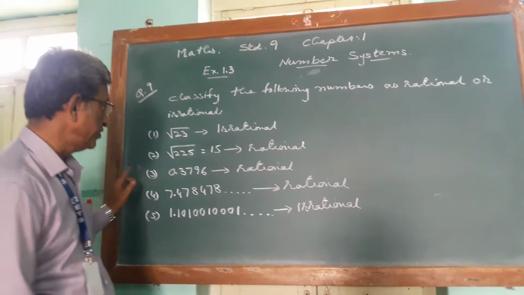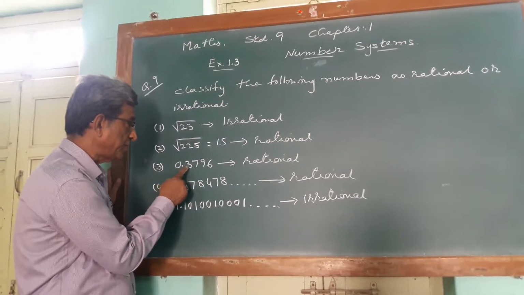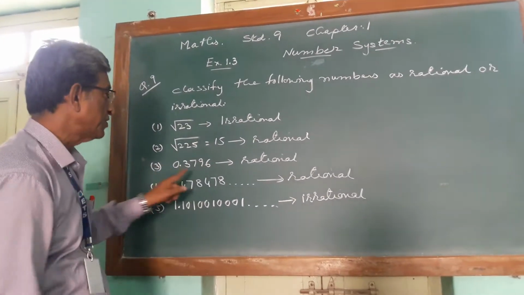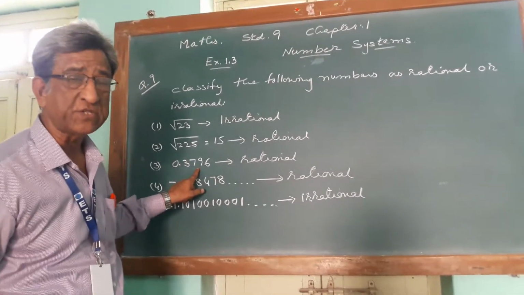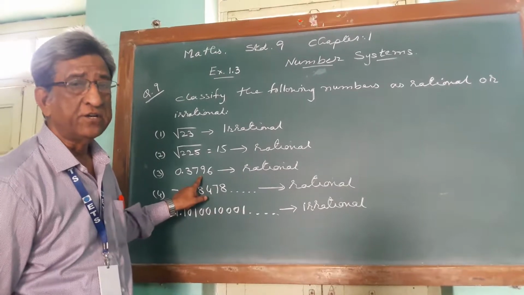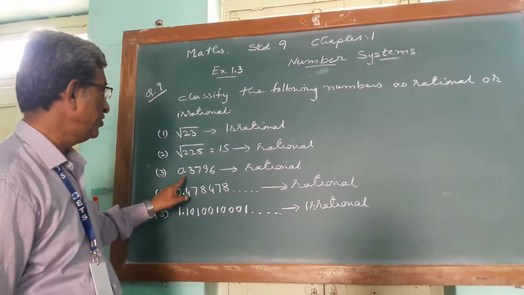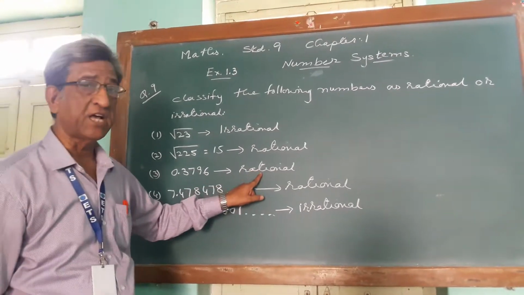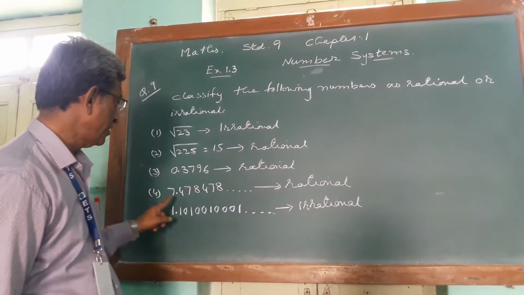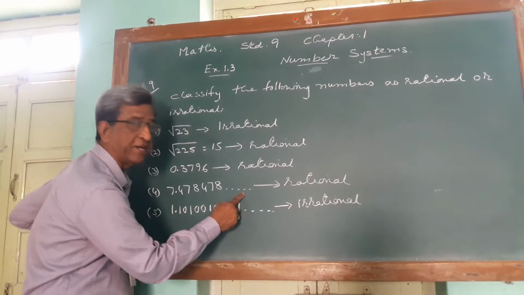Third one is 0.3796. Which type of decimal form is this? This is a terminating decimal, and a terminating decimal form is rational. So 0.3796 is rational. Next, 7.478478 recurring.